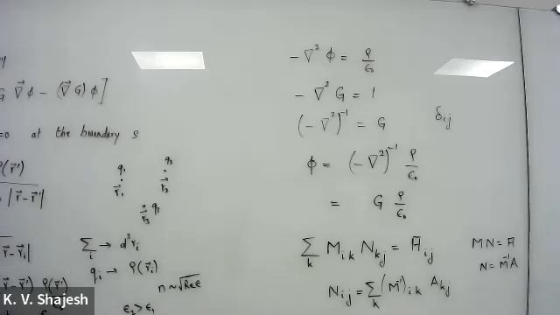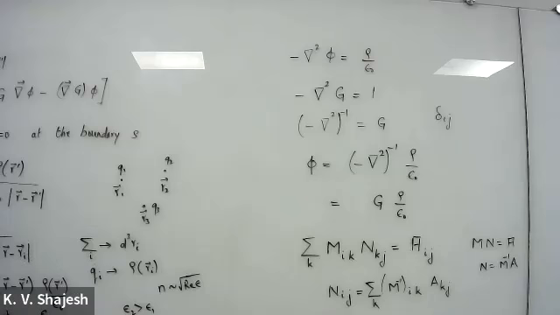If that's the case, I can put this back in there. Now I'm solving for A, not for phi. And then you say this del cross del cross A is equal to mu naught J.